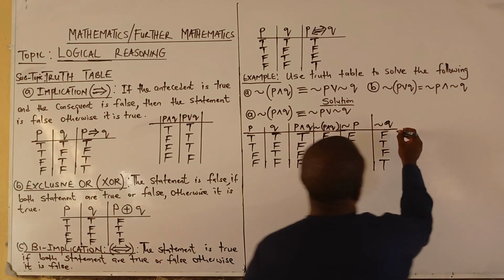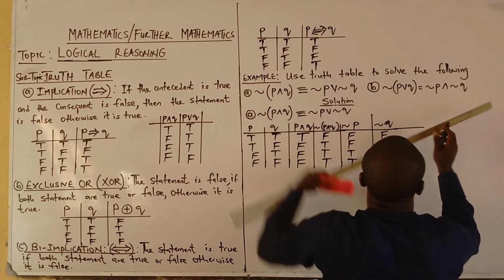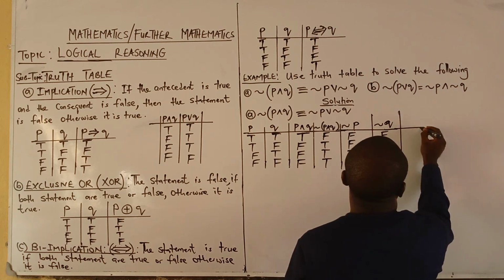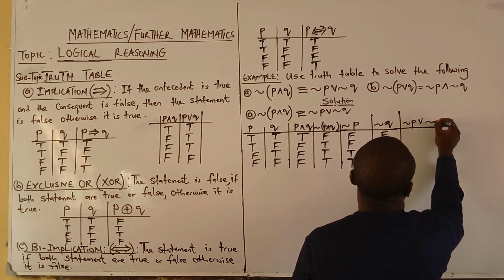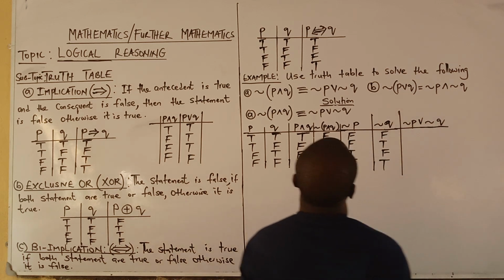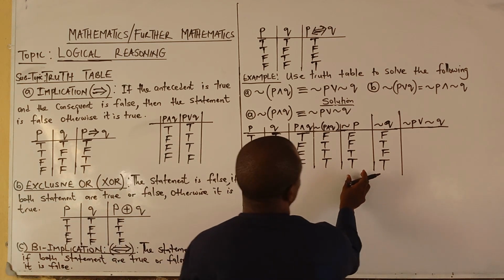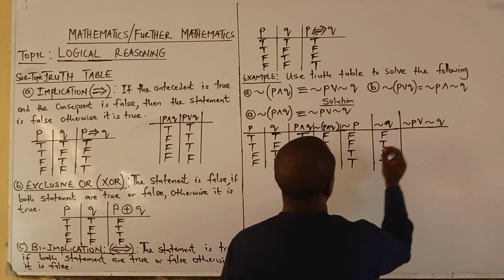Okay, now let's find the disjunction of it. Negation of P disjunction negation of Q. This disjunction is OR, don't forget it's OR.